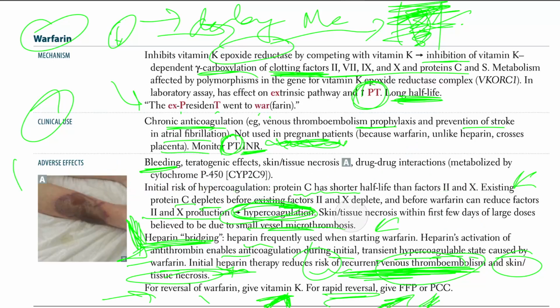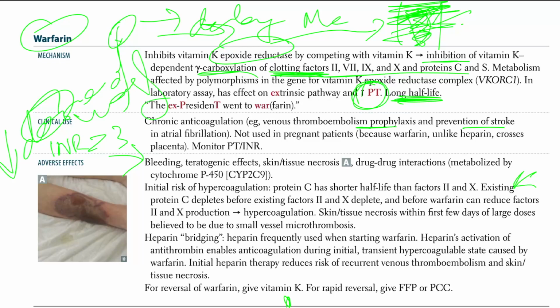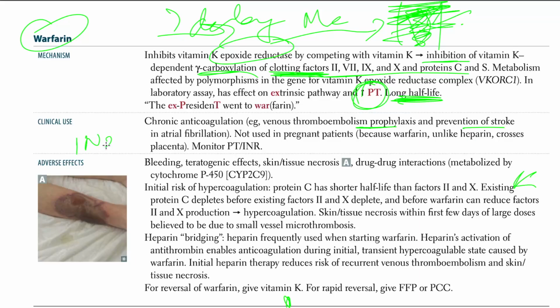Let's talk about now the extra stuff. Bleeding: if you have an INR greater than 3, then you can bleed. So decrease the dose of your warfarin if you have INR greater than 3. The target INR for therapeutic warfarin anticoagulation is 2 to 3.